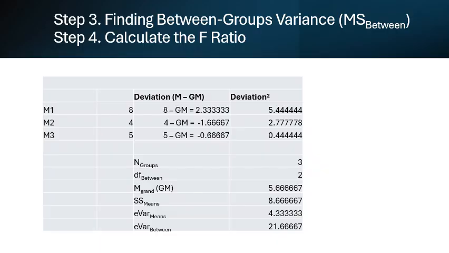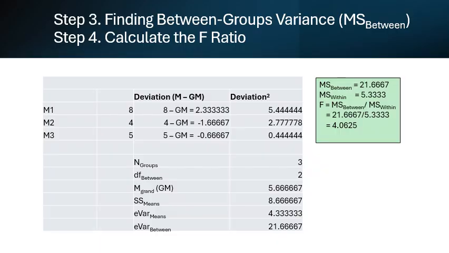So I've written this here so we're clear on what this EVAR is representing, 4.33. And then the last thing we do is we multiply it by the number in each group. And so in this case, we have 5 in each group. So we take this EVAR means, multiply it by 5. That gives us our EVAR between. That's what we use in our formula.